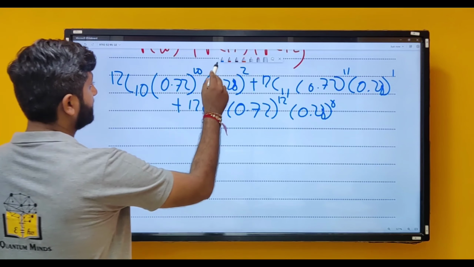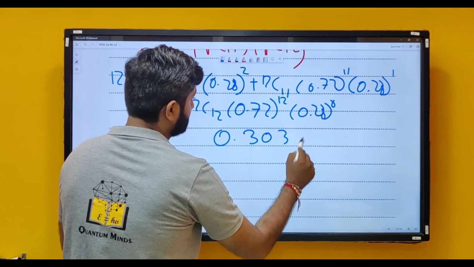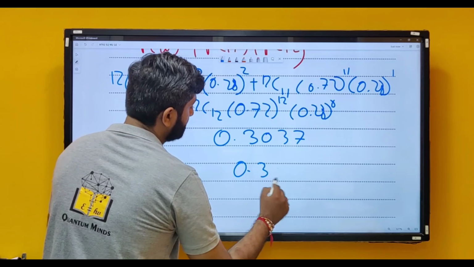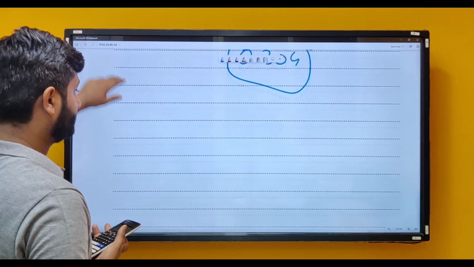Okay, so the final answer is 0.3037, which is 0.304. Let us move to the next part of the question.